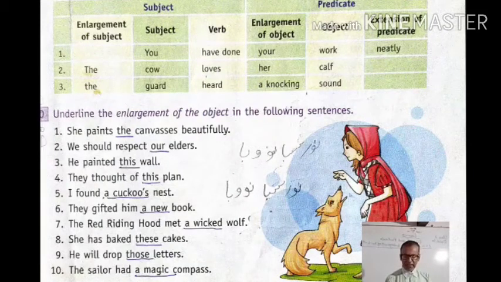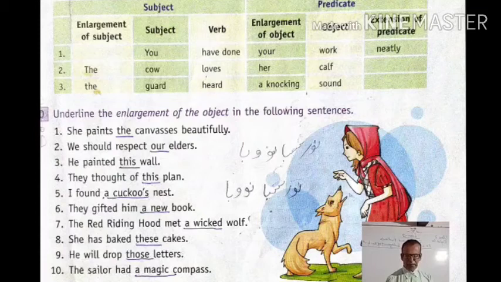Question number 6, they gifted him a new book. Book is the object here, and a new is the enlargement of the object. Question number 7, the Red Riding Hood made a wicked wolf. Wolf is the object here, so a wicked is the enlargement of that object.